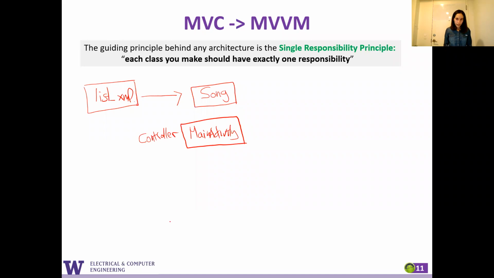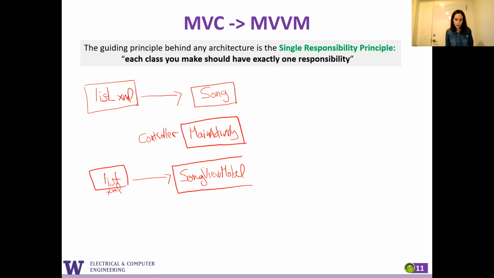So the solution would be to use our XML file list. Then we would have to create what is called the song view model. And then we'll have here our class that defines a song.